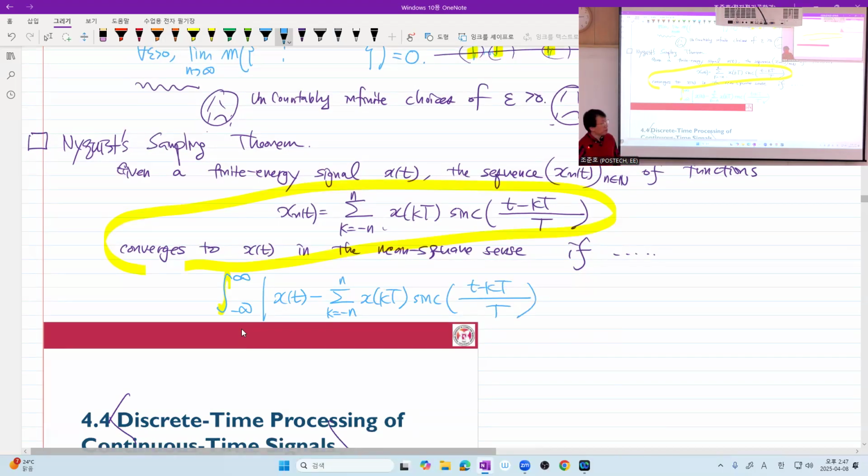And only 2n plus 1 terms are here. And you calculate what? The error energy, right? And for sufficiently large n, if this error energy is small, then we are happy, right?